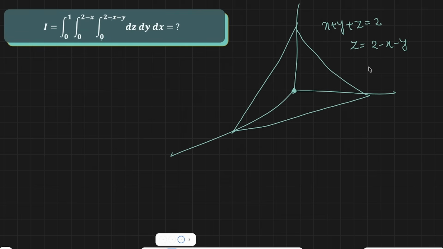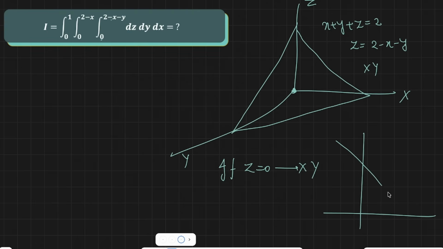Okay, if I will take in xy plane, this is my x axis, this is z axis, this is y axis. If z is equals to 0, it means it is xy plane. See, now it is in xy plane. See, this is x axis, this is y axis. So whatever this line, this is the same line when you will take in the xy plane. So it will be from where to where?